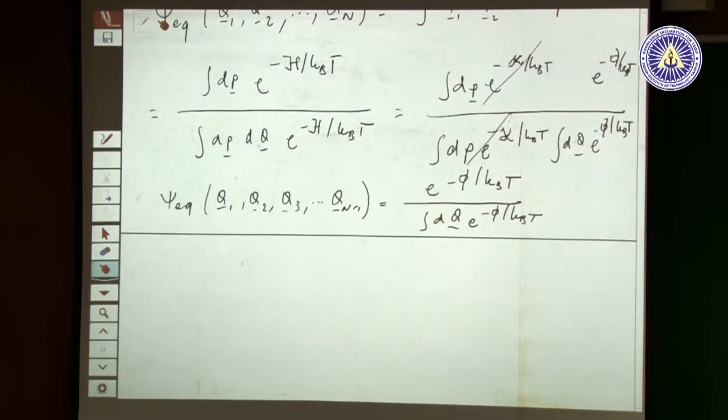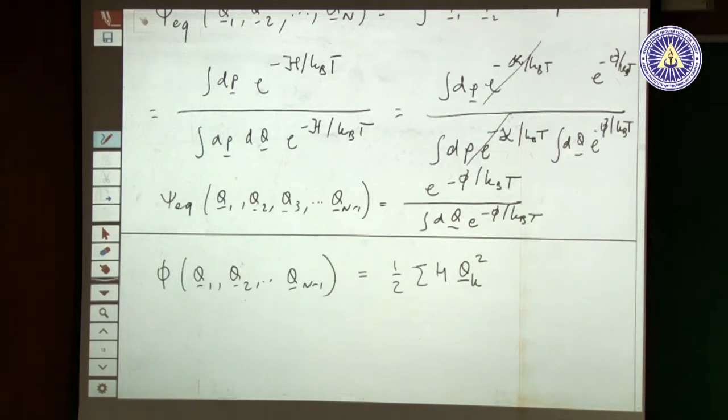But as I just said, the potential energy for Hookean springs is nothing but half sum over H qk squared.